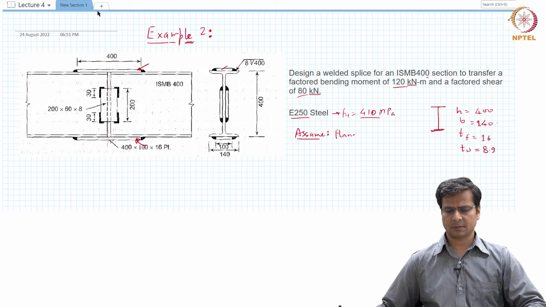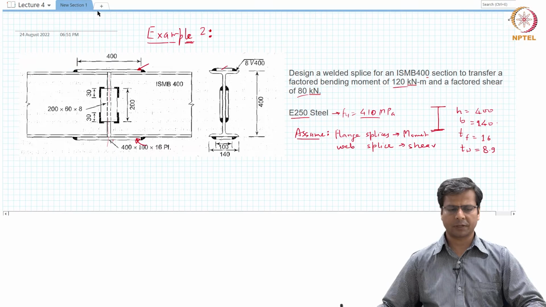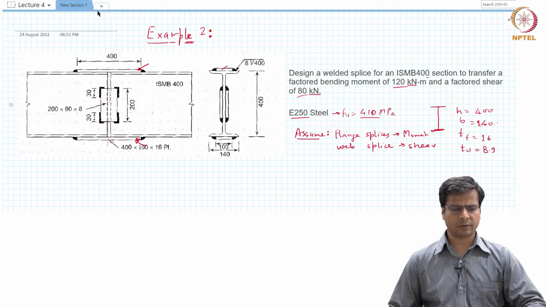Flange splices resist moment, that is bending moment, and the web splice resists the shear force. So they do not interact, and that is okay because we are not making them continuous, they are discontinuous. Near the center of the web, it will be shear force, it will be very effective to transfer. So that is a perfectly good assumption.